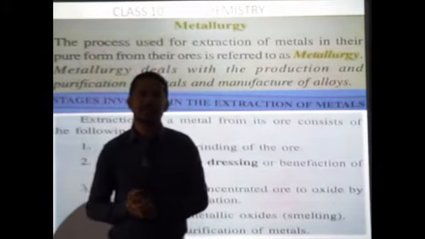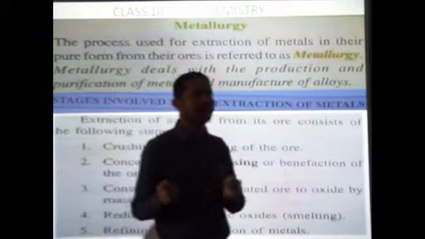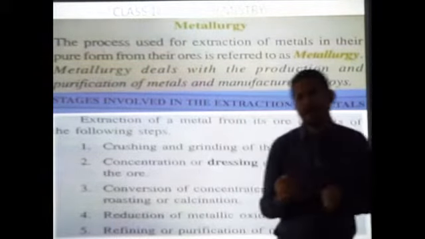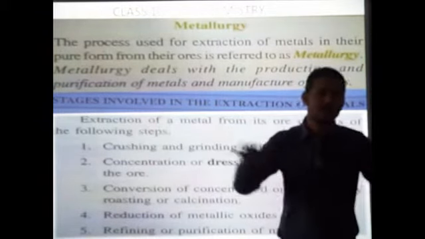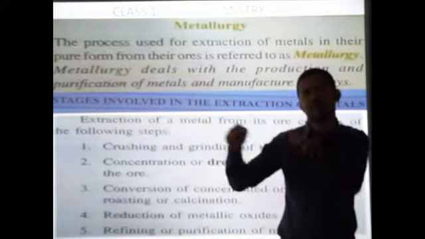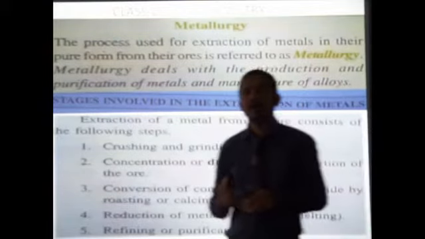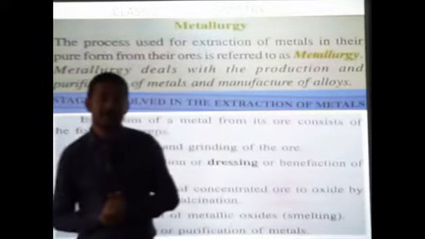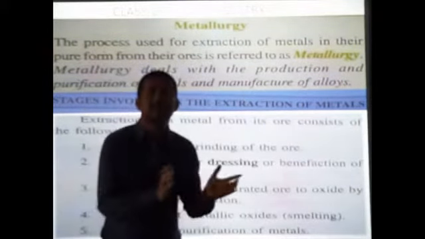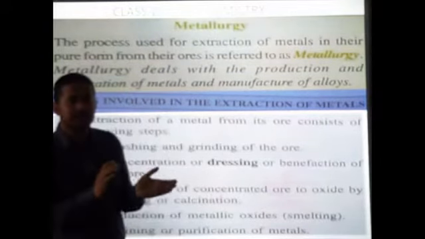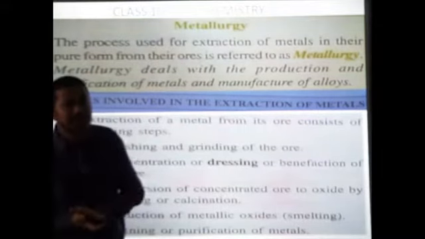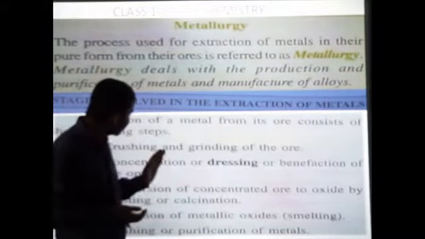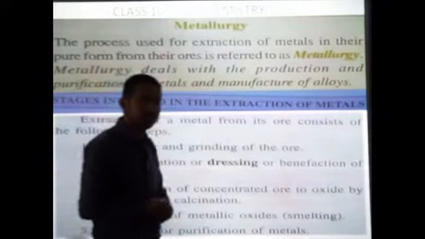For example, after bringing a bag of rice, what do we do? We put it onto the floor, spread it, and pick the unwanted substances from there. That is concentration of rice. Similarly, if we remove impurities from ore physically, that comes under concentration of ore.